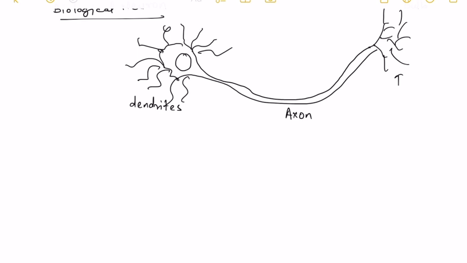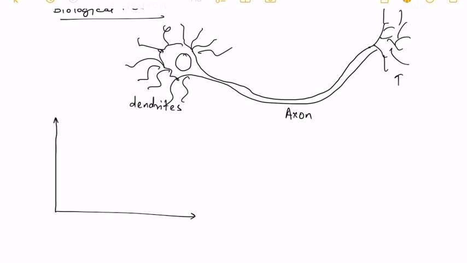In order to send a signal through the axon, the stimulus needs to be of a certain strength, and if that strength is above the threshold, the signal gets transmitted through the axon, and we say that the neuron is activated. So let's look at a graph that shows this more clearly.